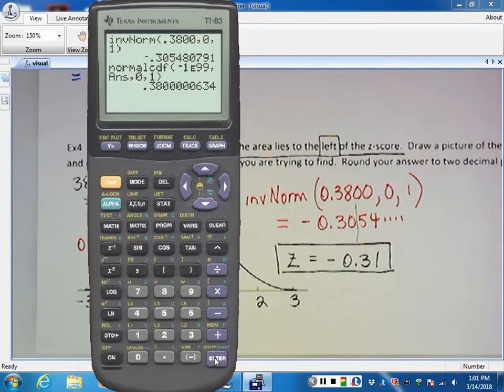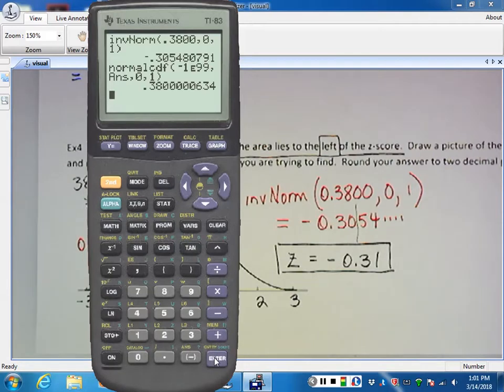The reason it's almost perfect, and if you were rounding it to 38%, well, yeah, that's 38%, okay? The reason it's not exact is because the calculator is doing a numerical approximation, and notice that it is off out there in the 100 millionths place.